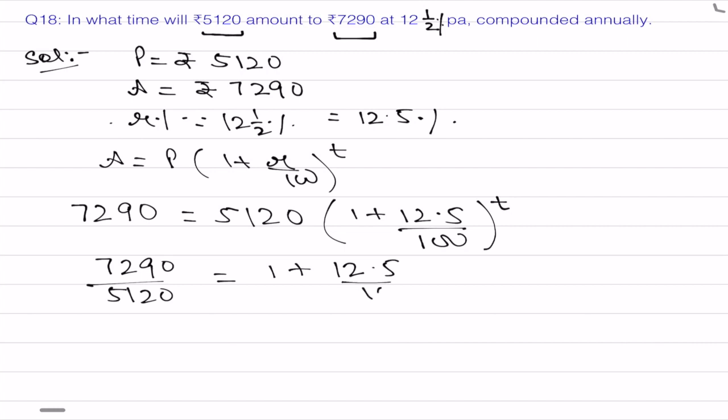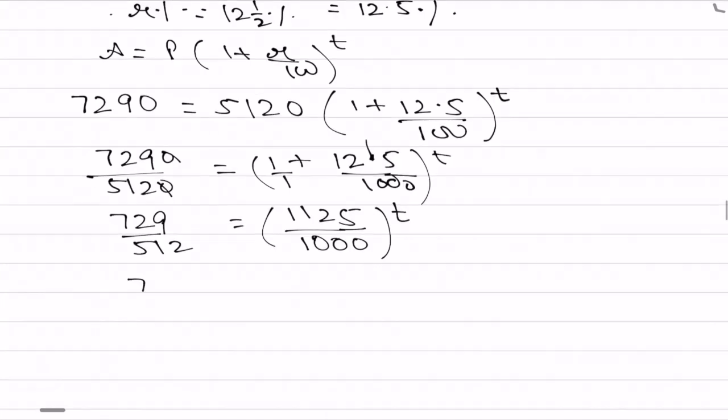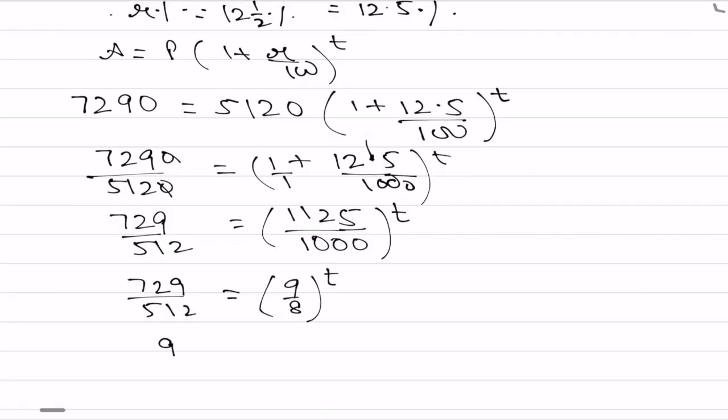After adding, it becomes 1,125 upon 1,000 whole raised to the power T. And here after cancellation we can see this is 9 by 8 whole raised to the power T, and 729 and 512 is the cube of 9 upon 8.